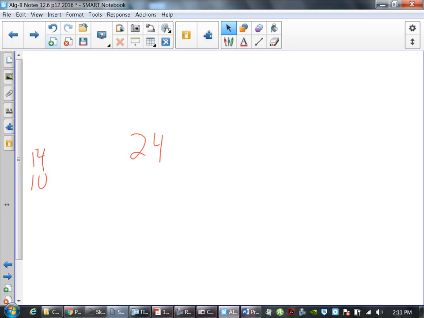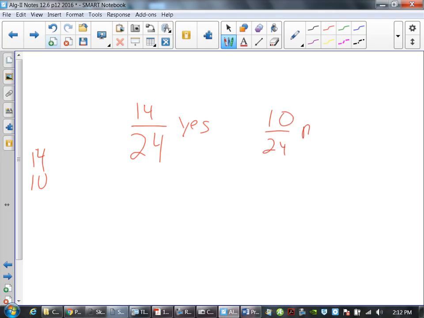So basically what's happening here is that we have success and failure. We have a total of 24 people in the classroom. And of our class, 14 of you say yes, and 10 out of the 24 of you say no. So what I'm looking at is this value that I'm going to call P. P is going to be my probability of success, my success rate.